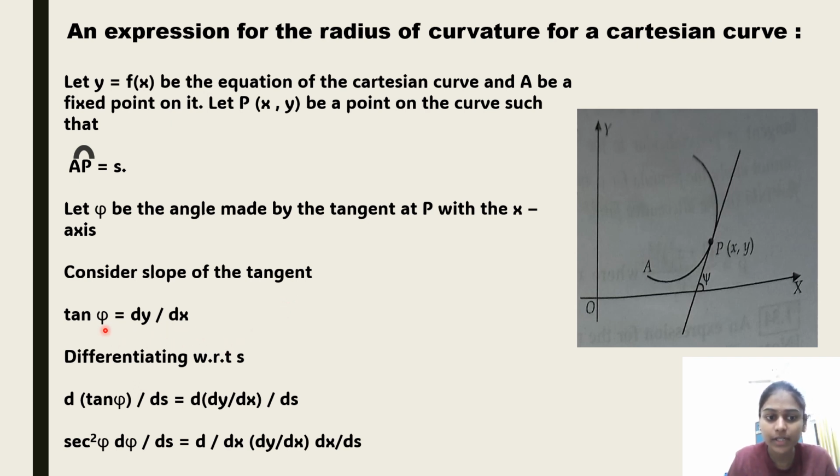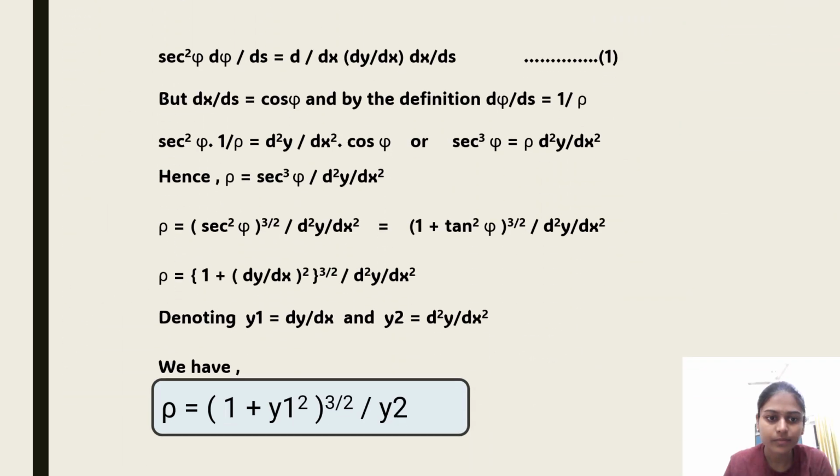Differentiating this equation with respect to s, differentiation of tan psi is secant square psi into d psi by ds, and differentiation of dy by dx is d by dx of dy by dx into dx by ds. We get the equation: secant square psi into d psi by ds is equal to d by dx of dy by dx into dx by ds. It is our first equation.